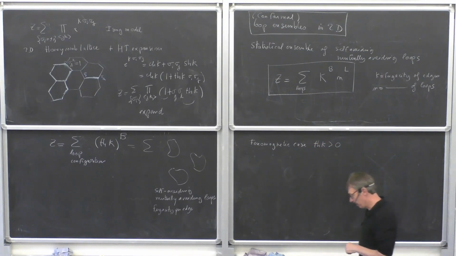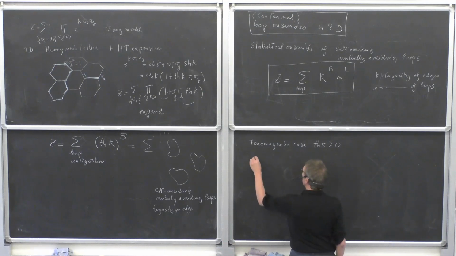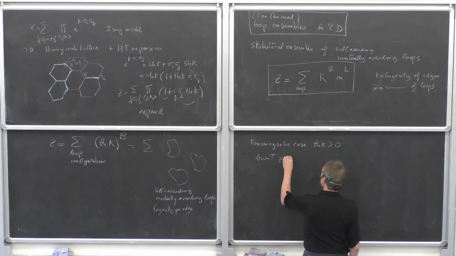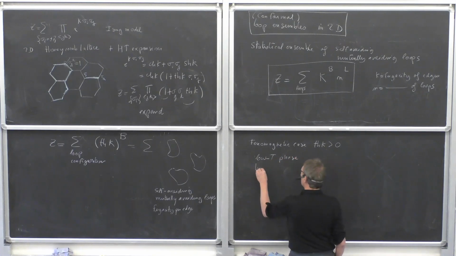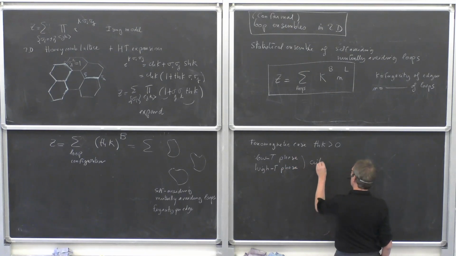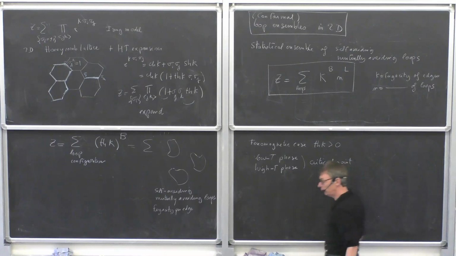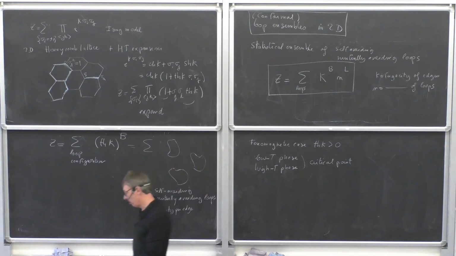We know that this guy has an interesting phase transition. In fact, it has a low temperature phase. It has a high temperature phase. And these two are separated by a critical point. What's the low temperature phase?